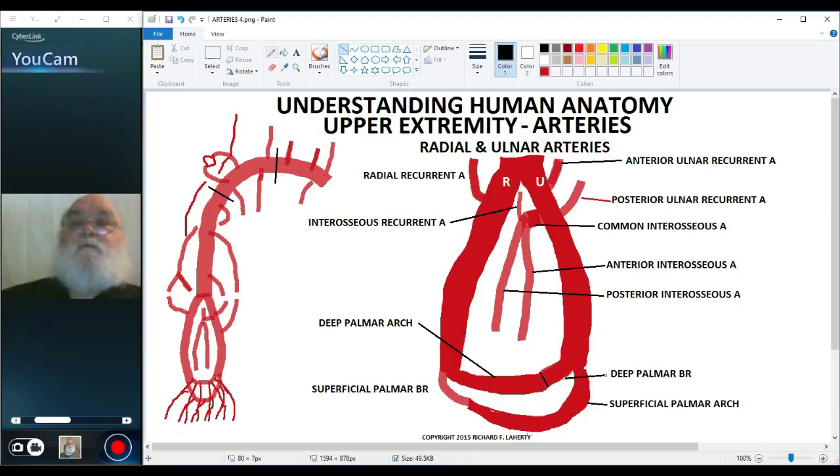And like I did for the deep arch, I'll draw a black line in here to show where the superficial branch from the radial artery meets the superficial arch.